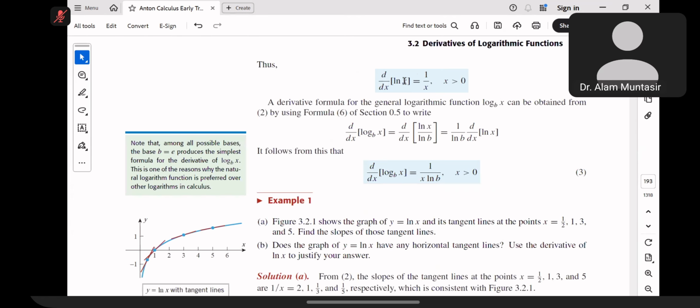The second formula is d/dx of ln x equals 1/x. And the third formula is d/dx of log base b of x equals 1/(x ln b).